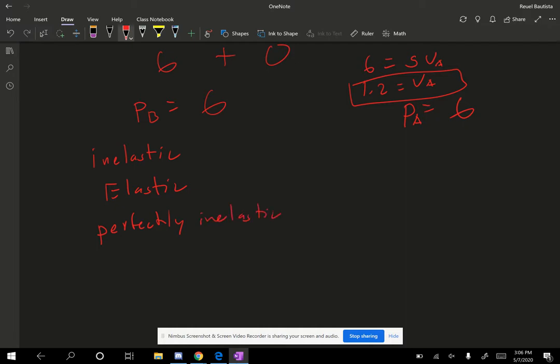So these are 3 different kinds of collision.